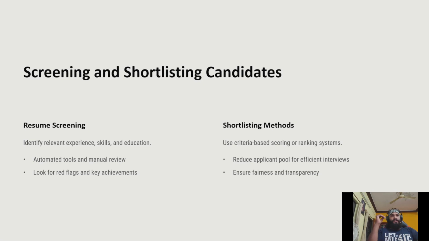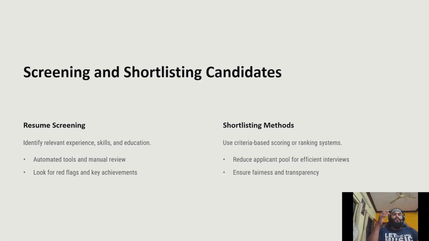So in resume screening, an automated tool is used to search for some specific keywords in the resumes of the applicants, which gives them a chance to move forward. And if there are any red flags in the resume, they are rejected on the spot.